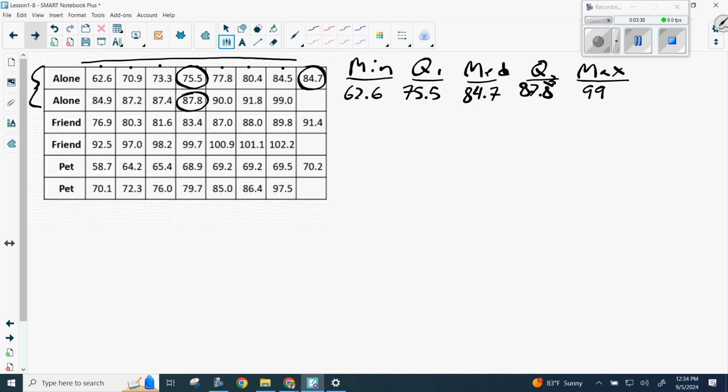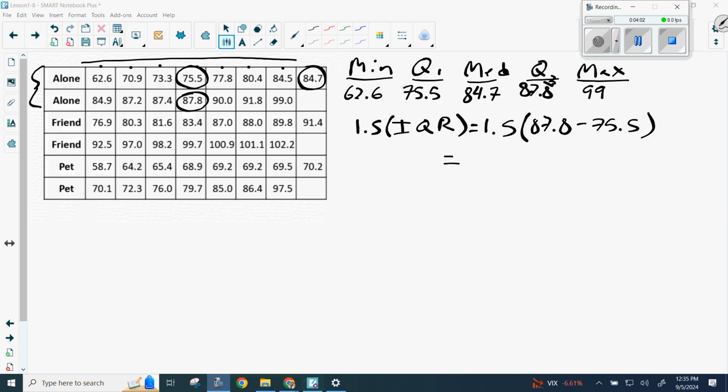Well, first thing I need to know is what is 1.5 times my interquartile range? Well, that's 1.5 times, and remember from previous lessons that our interquartile range is quartile 3 minus quartile 1. Let's go ahead and calculate that. And that value is 18.45.